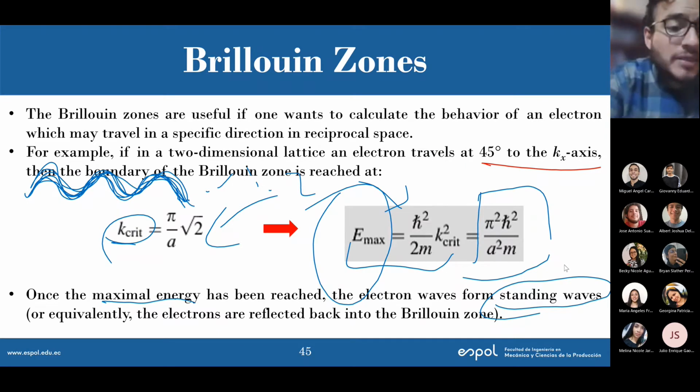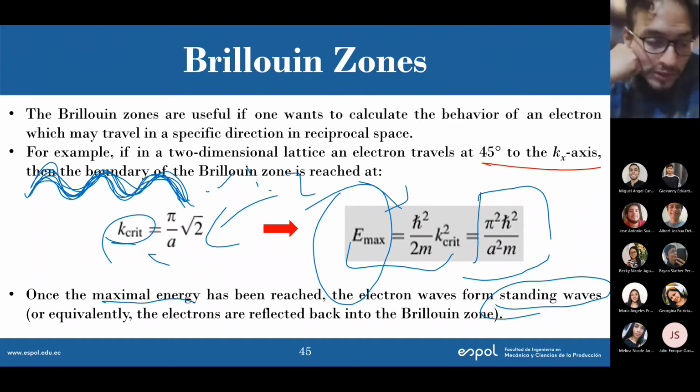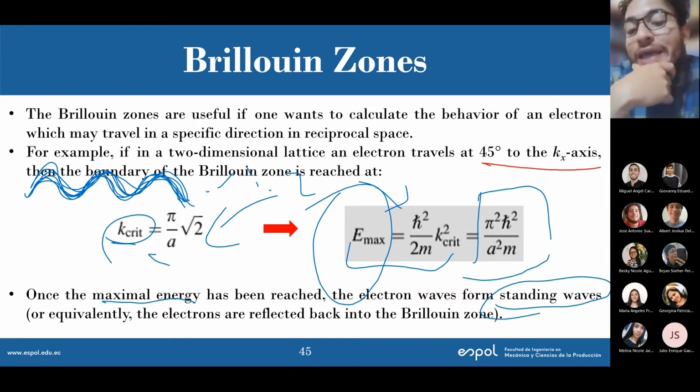So that's when k is equal to pi over a, or square root of 2 pi over a. What happens if, let's say, the electron is moving parallel to kx or parallel to ky?